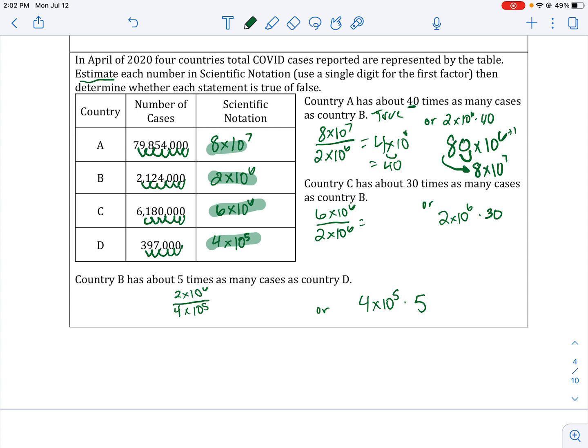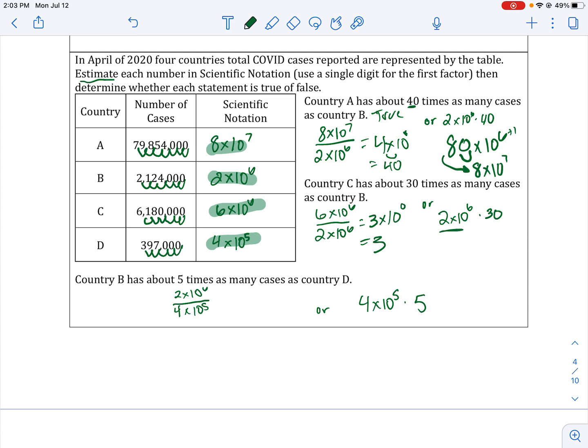I took country C and divided it by country B. And I get 3, and then times 10 to the 0, which just equals 3, not 30.